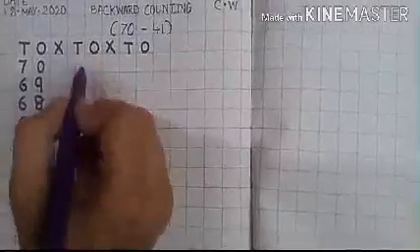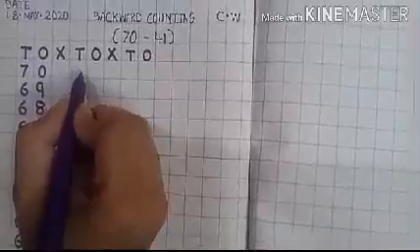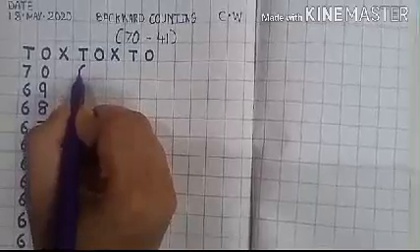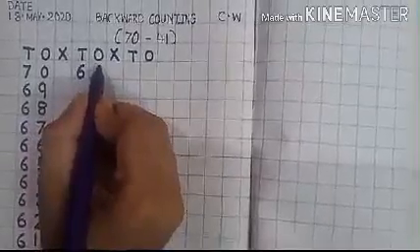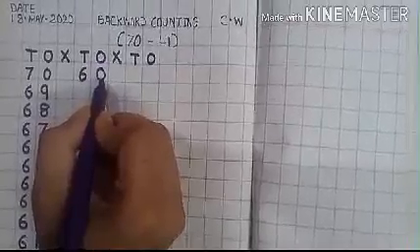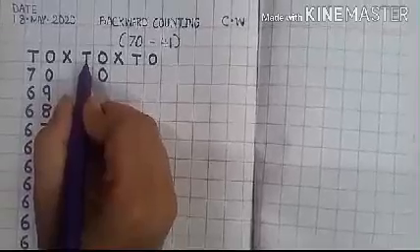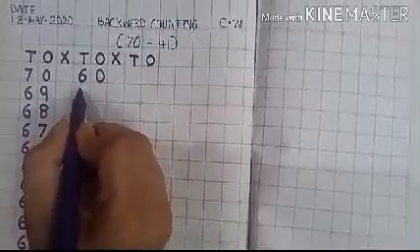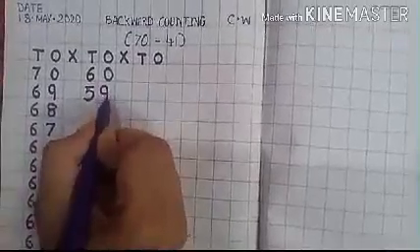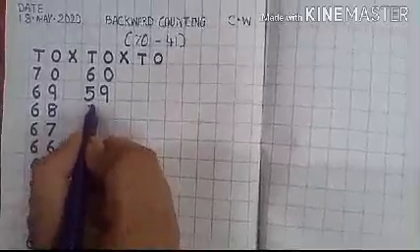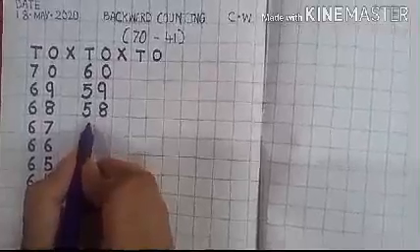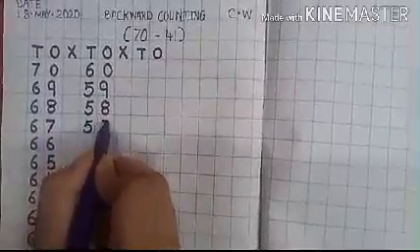Tens ones. Tens below write 6, ones below write 0, that is 60. Then 59, 58, 57.